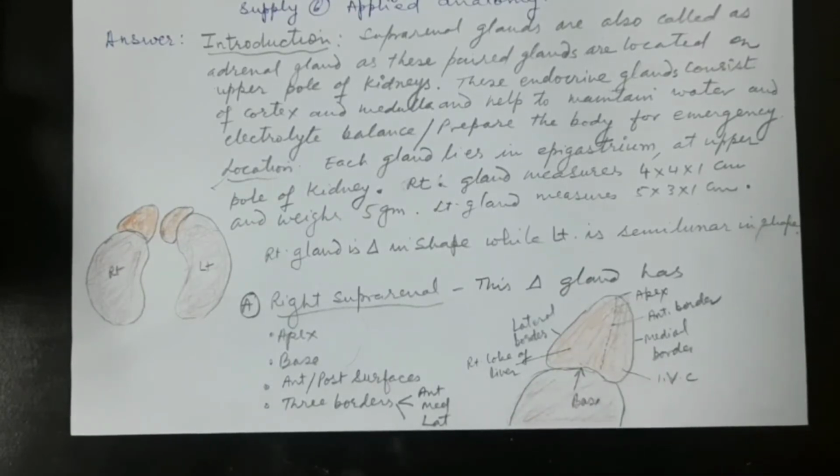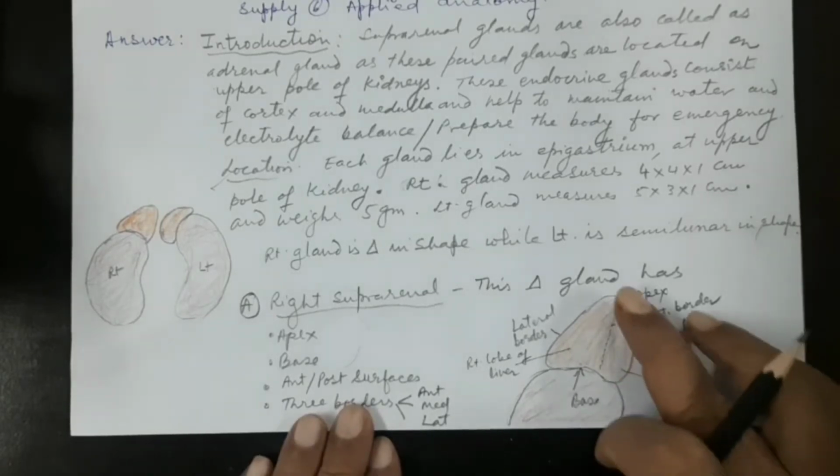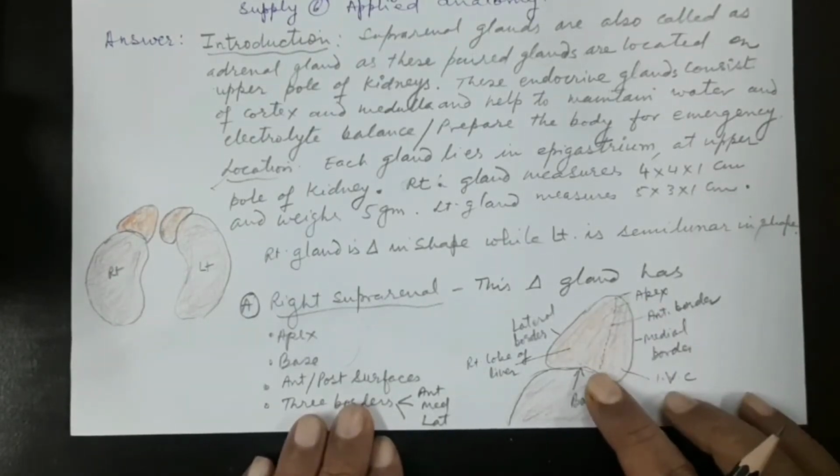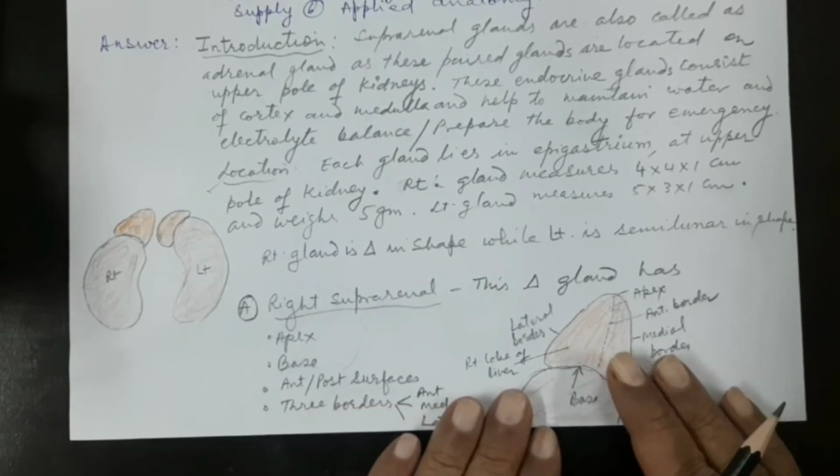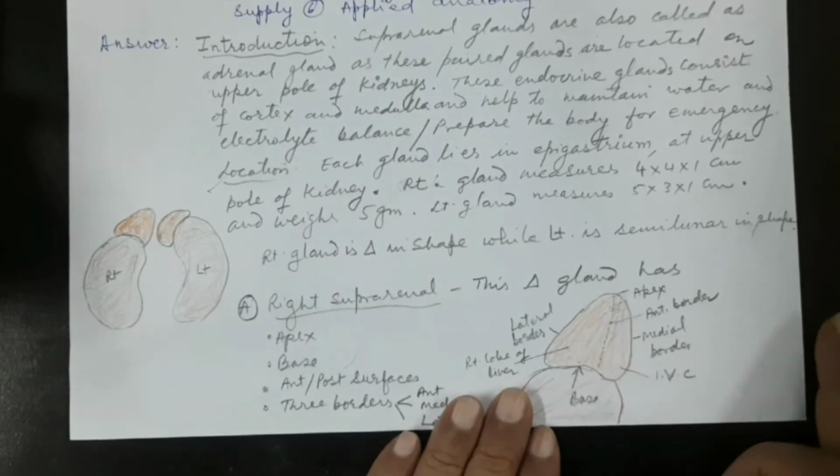So there are two surfaces, anterior and posterior, and three borders, anterior, medial and lateral, and an apex and a base of the right suprarenal gland. So this is the external feature of the right suprarenal gland.